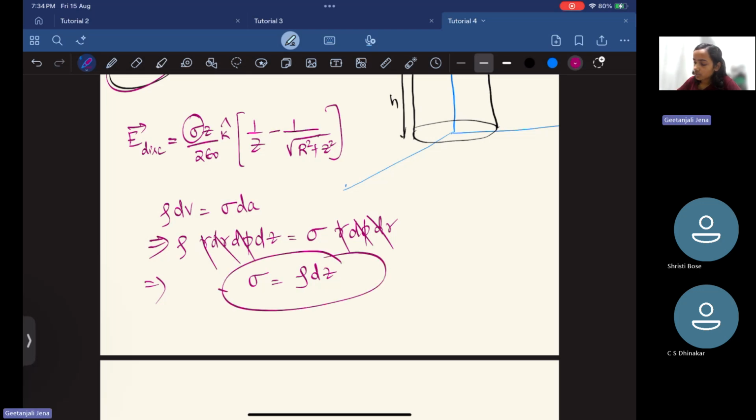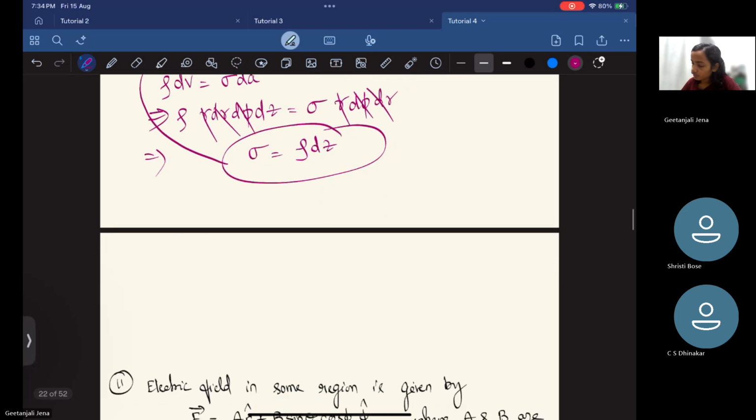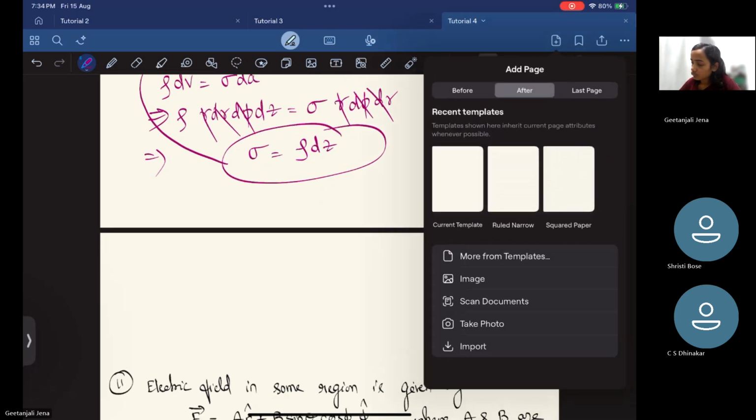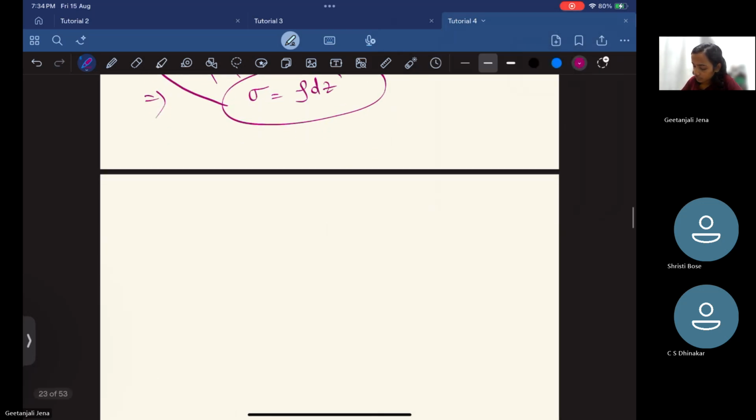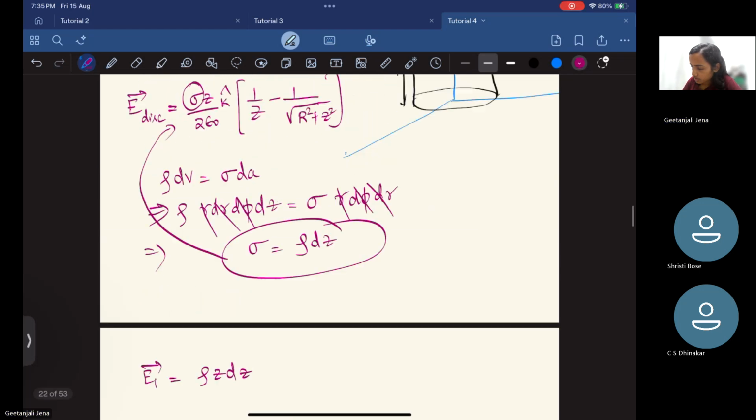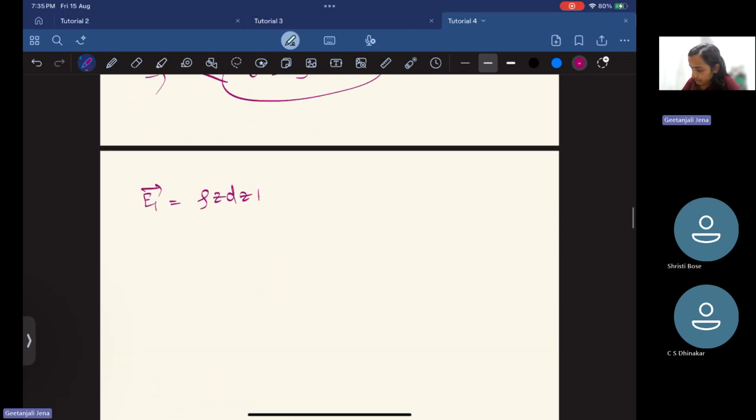Now we'll substitute it here. So E1 is rho z dz k cap by 2 epsilon naught, 1 by z minus 1 by square root of r square plus z square.